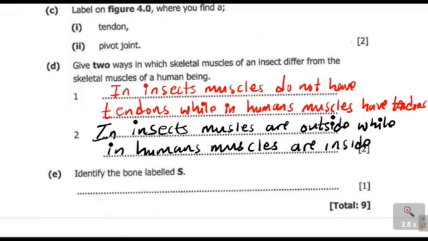So these are the differences between the skeletal muscles of an insect and that of a human being.